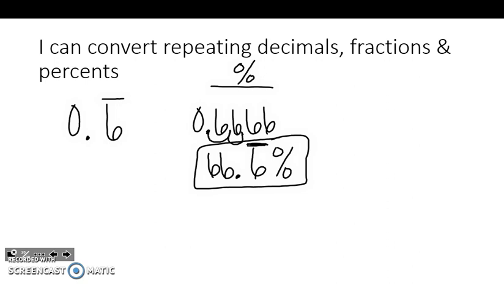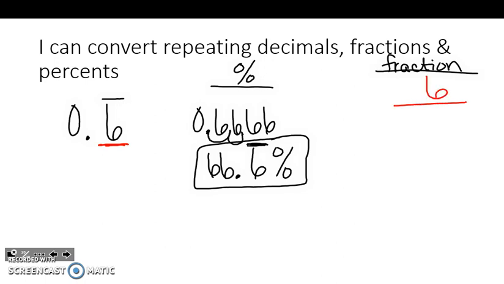Okay, now we have to change the decimal to a fraction. So this is a little bit different than yesterday. You're still going to take the repeating digit or the repeating block of digits, and that's going to go on top of your fraction bar.